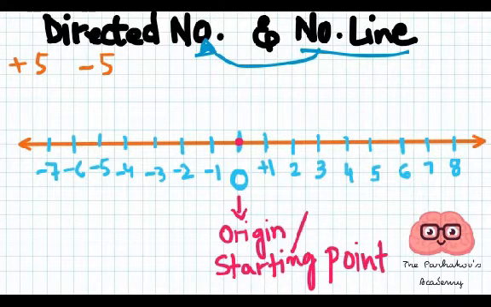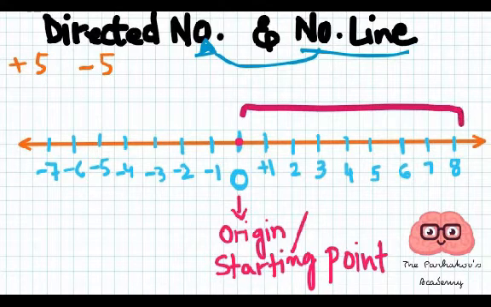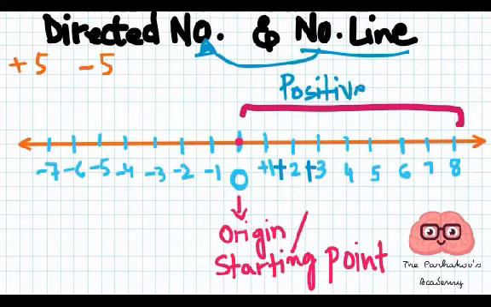The second very important thing here is that all the numbers here have a plus sign with them. You know very well that if there is no sign, there is a plus sign by default, right? So these are all positive numbers because they have a plus sign as prefix.